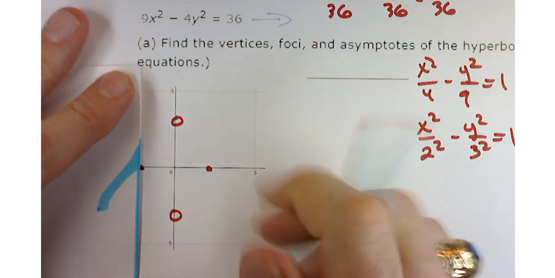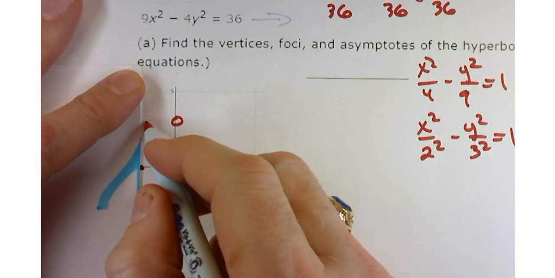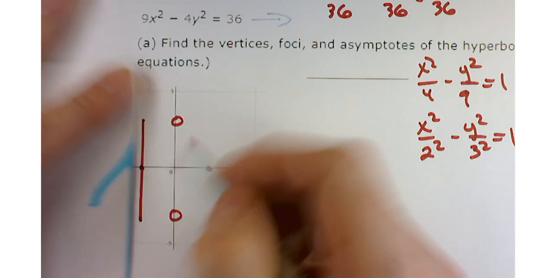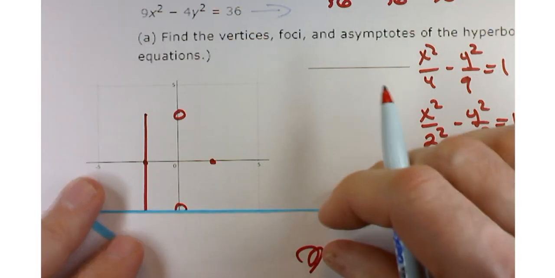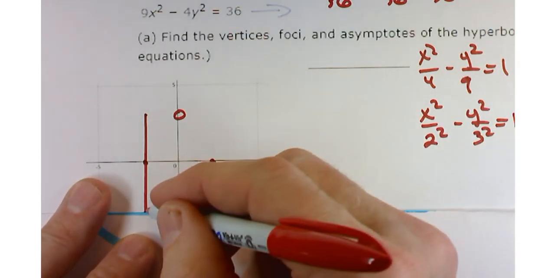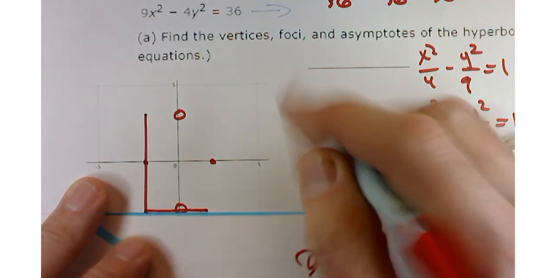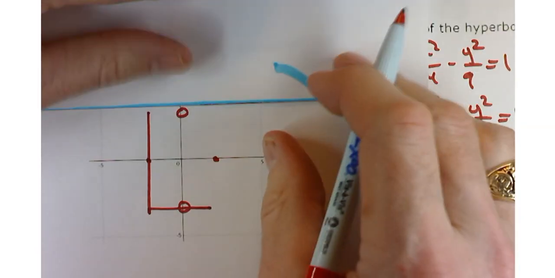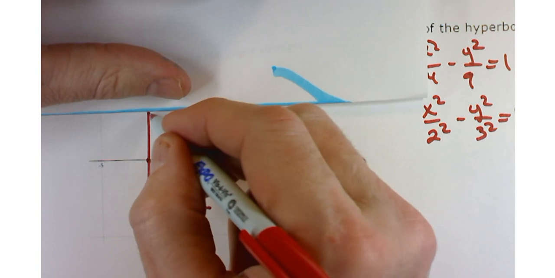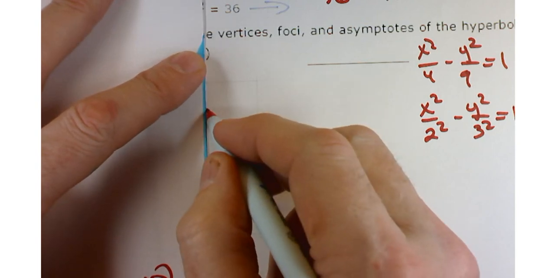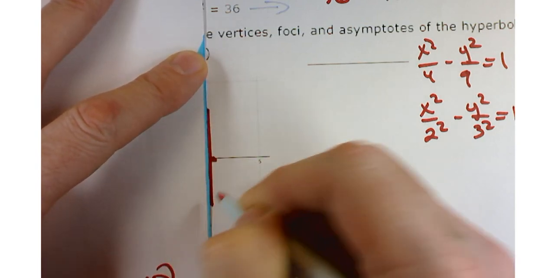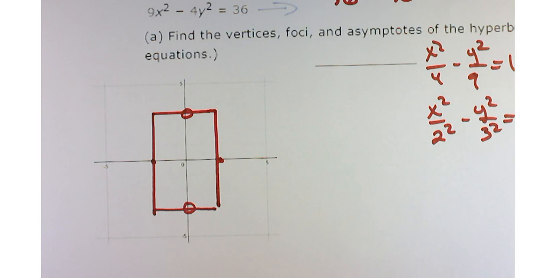So let's do that part right here. Okay, so there's our rectangle that runs through this.